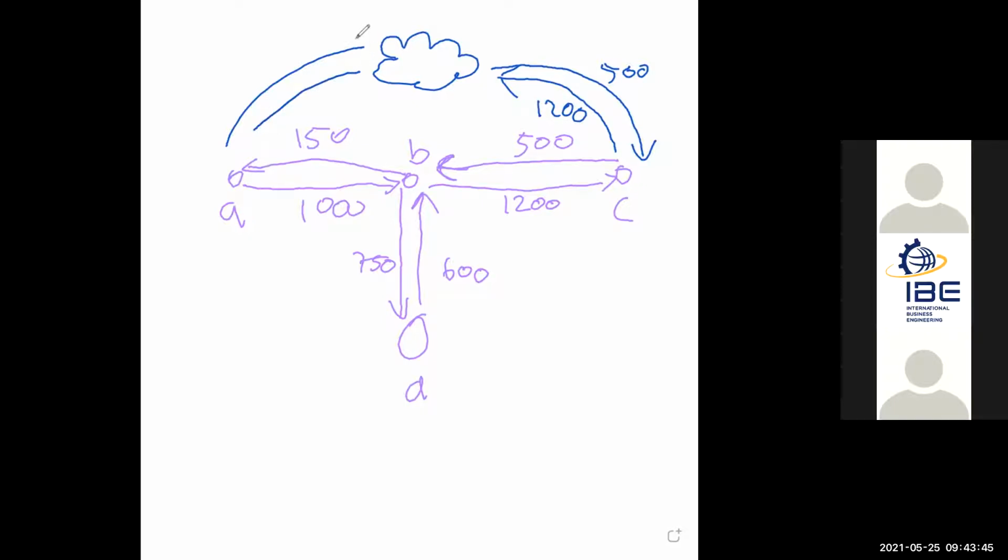Okay, next from A. So how much from the cloud to the A? From the cloud to the A, 1,000. Very good. And then that 150, exactly. So now from D to the cloud, you can intersect, no problem. That's why you make it different colors so that you know.